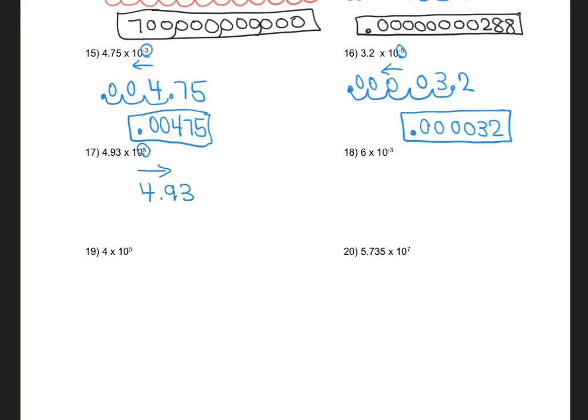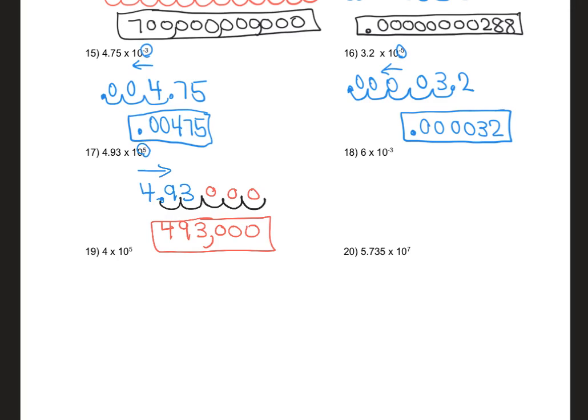Because we have this 9 and the 3, we're actually moving 1, 2, 3, 4, 5. We have 3 gaps to fill in, so we get 4, 9, 3, 0, 0, 0. Moving to put the commas in from the right every 3, we have 493,000.